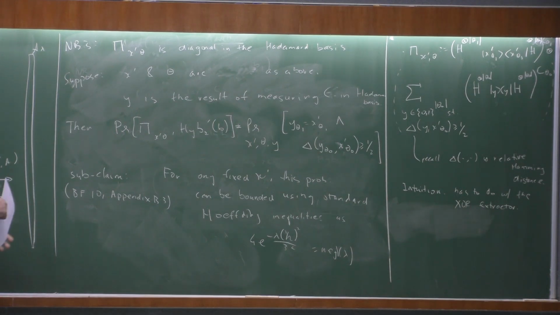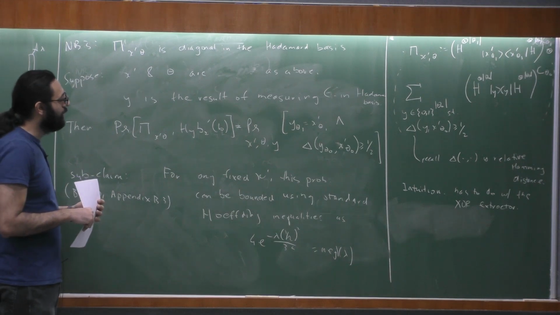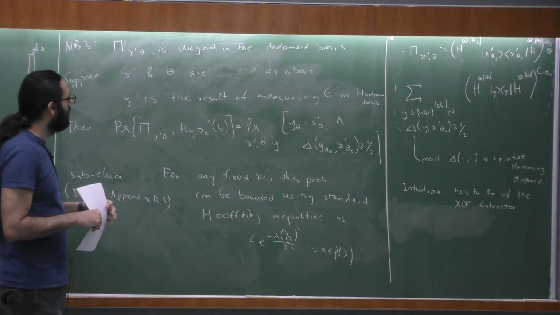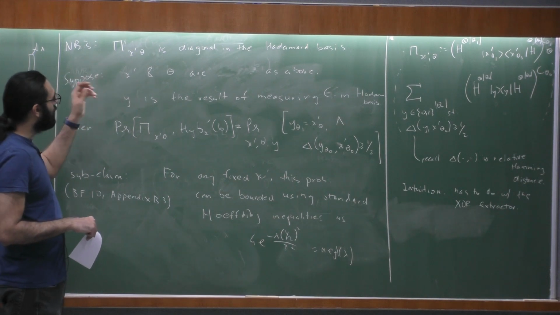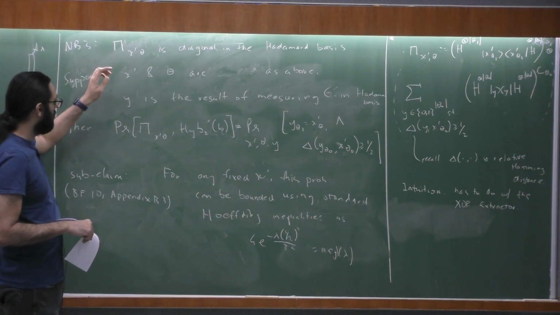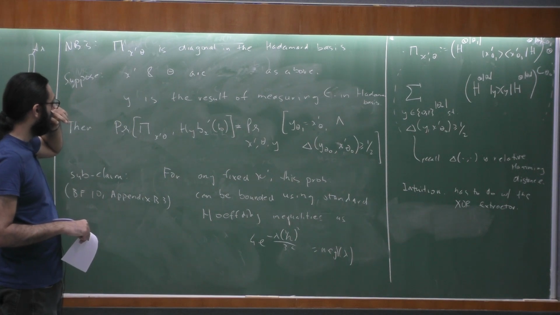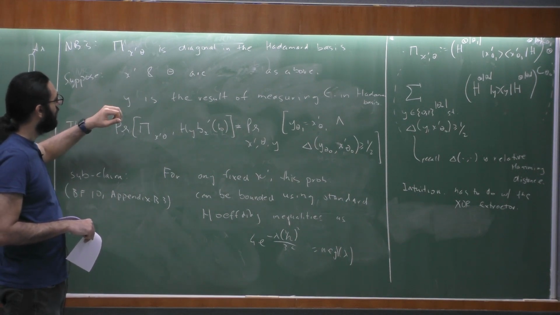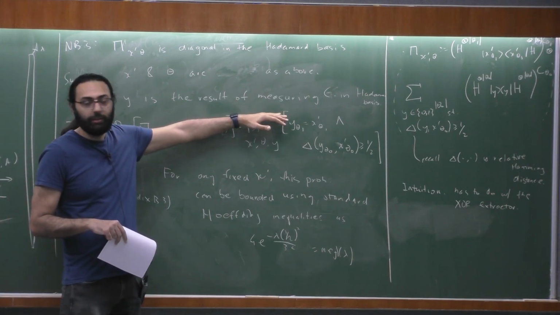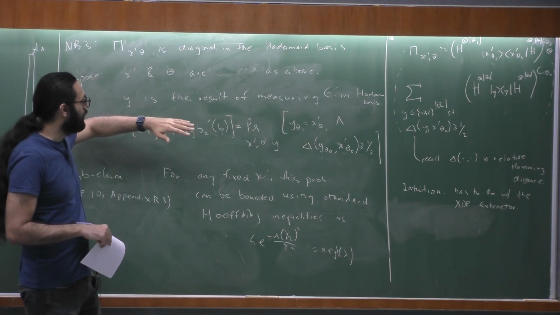So here what you're saying is you have these random variables, right? y is the result of measuring some register, which is essentially a fully random variable.